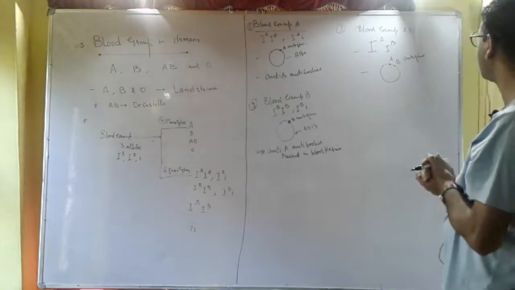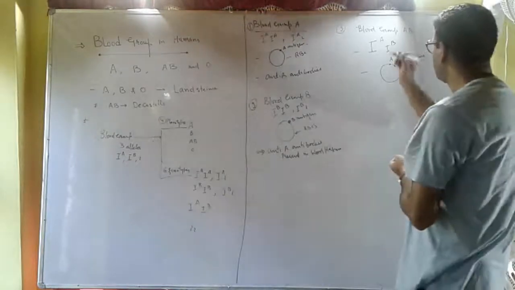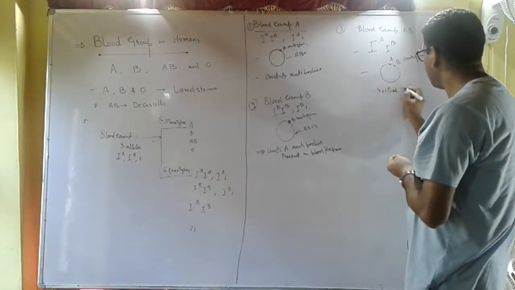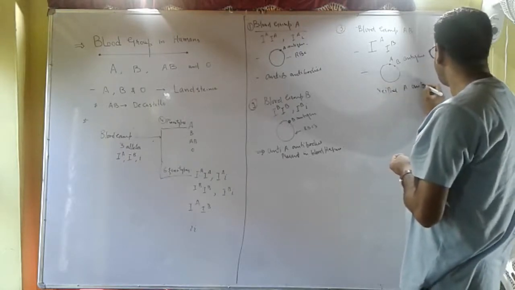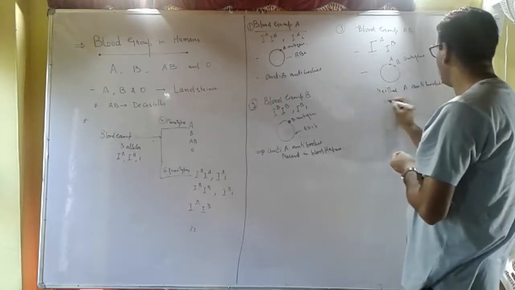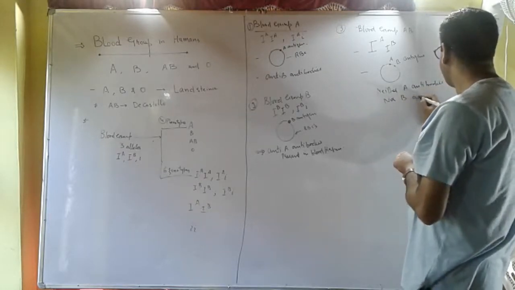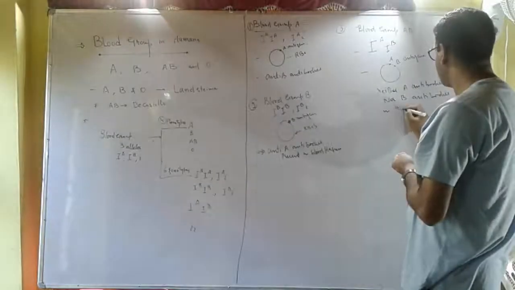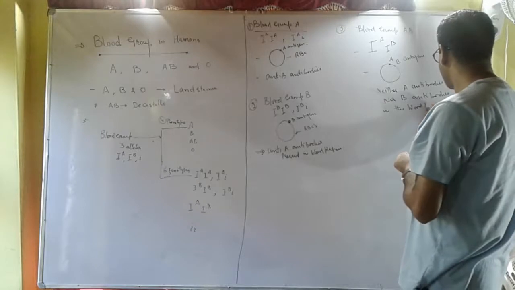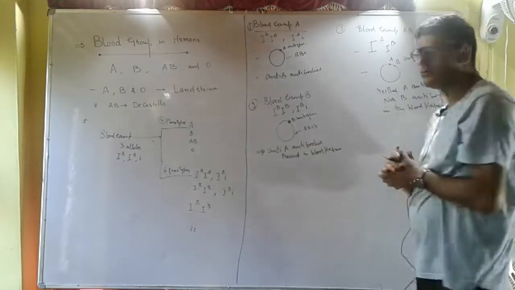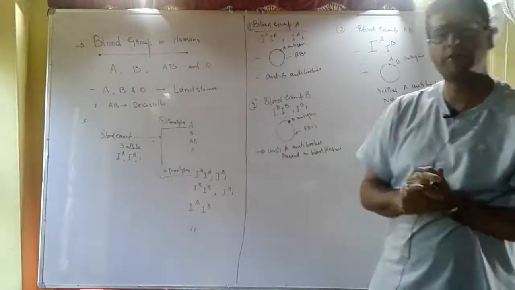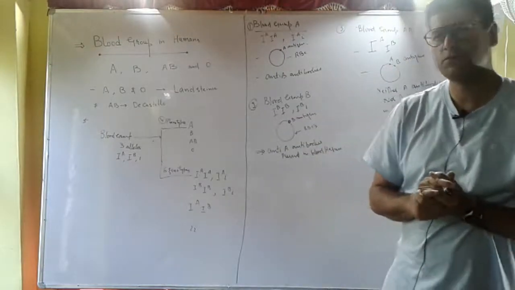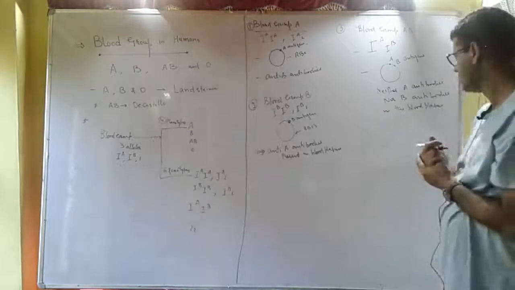This blood group AB has neither anti-A antibodies nor anti-B antibodies in the blood plasma, so they are universal recipients.